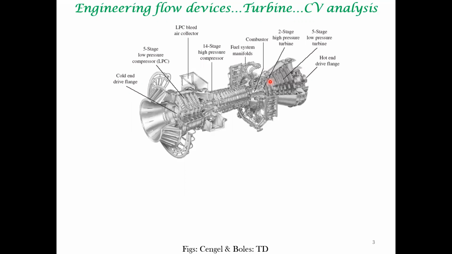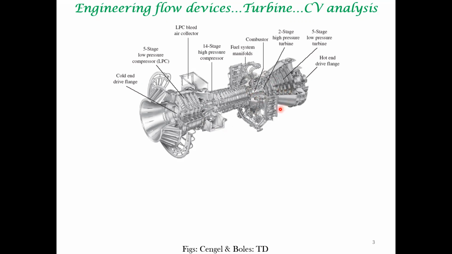So this we want to extend to engineering flow devices, which are rather complicated. I mean, this is a turbine of a jet engine. If you look at this, it has lots of parts and it does many more things. There's a combustion chamber, and then there's a turbine and so on.